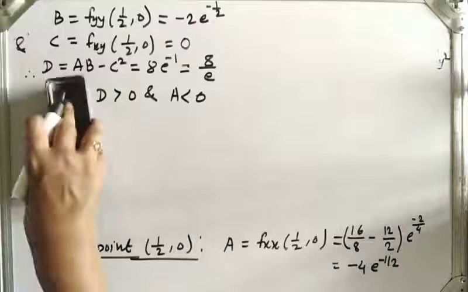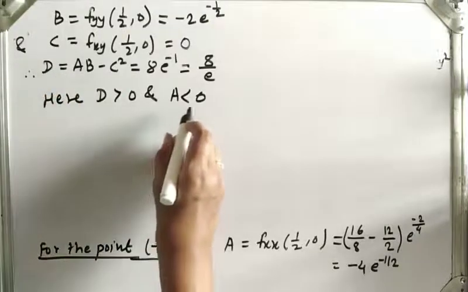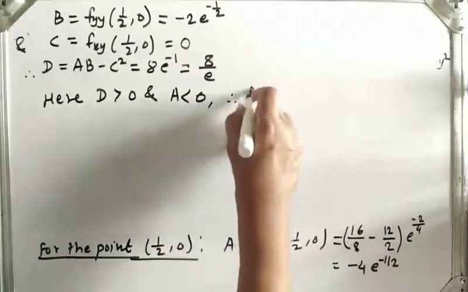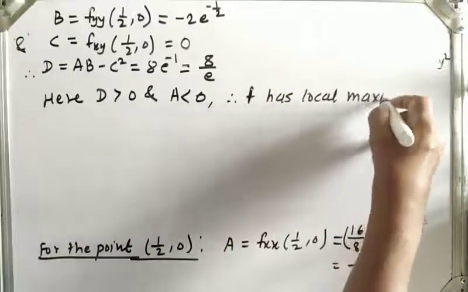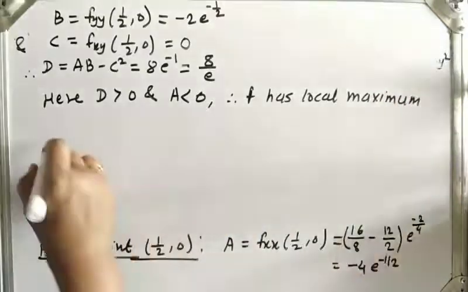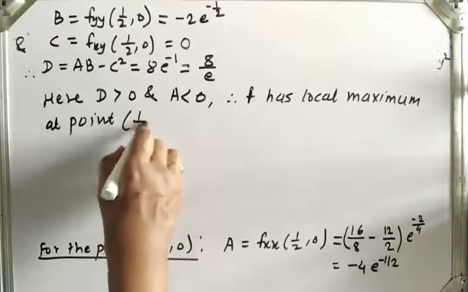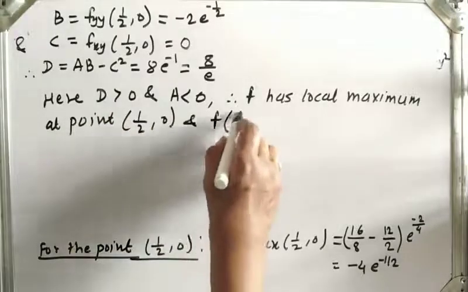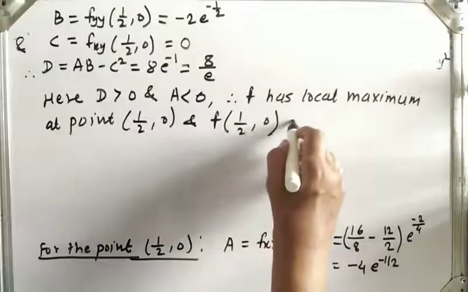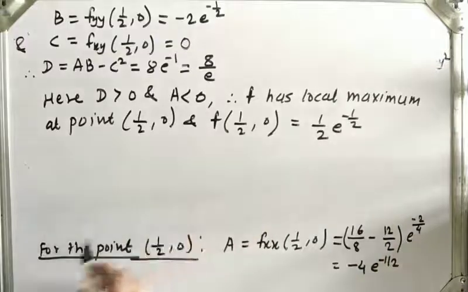So here we can write, d is greater than 0 and a is less than 0, therefore f has a local maximum at the point (1/2, 0), and that value is f of (1/2, 0), which is 1/2 e raised to minus half.